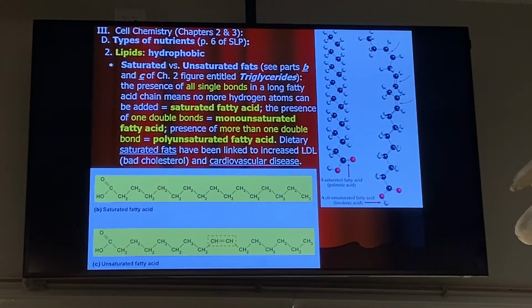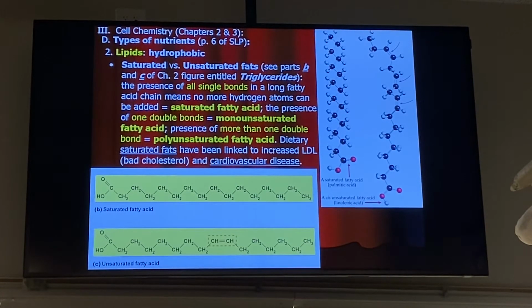Carboxyl group is acidic. So this is a fatty acid. Does that help make sense of the name now? Long hydrocarbon chain, and then boom, you got this acidic carboxyl group.